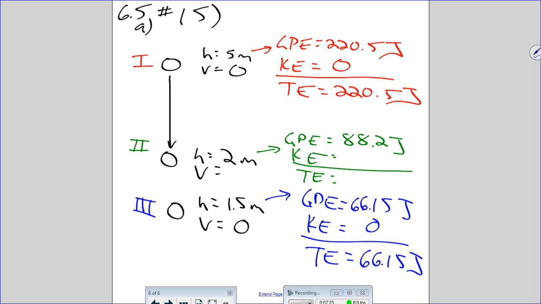There are 2 ways of finding work. You can do force times displacement. Why don't I need to worry about the angle? It's 180, because the ball's moving down and we're pushing it up. But even so, I still can't use this equation yet. Why not? What is our non-conservative force?